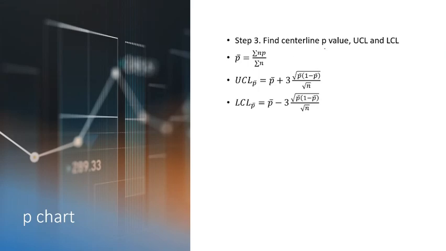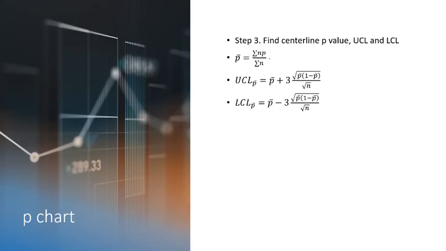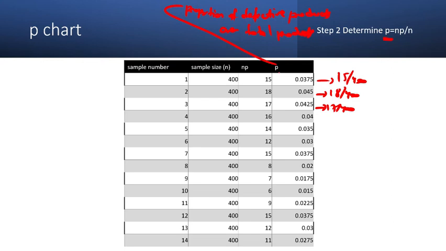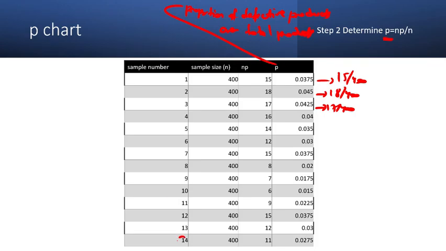And then we draw the chart. To draw the chart, we find the center line p-value, which is the summation of the NP values divided by the total sum of the N values. This will be the average p-value. Or you can just sum these p-values divided by how many of them you have. 14.